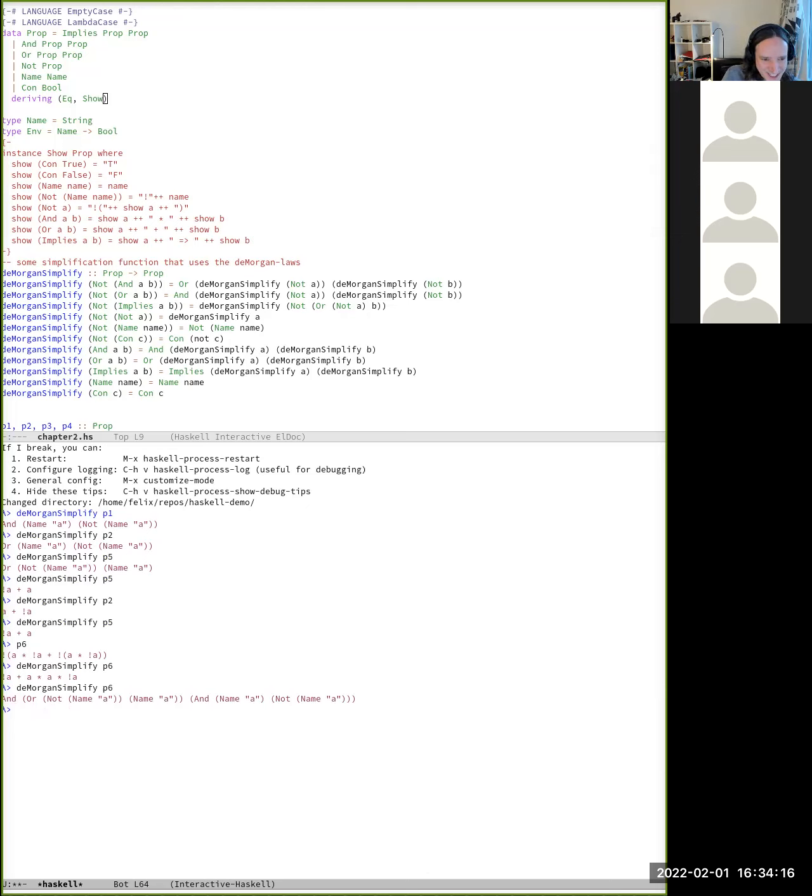And I object to printing this proposition expression like this. There should be parentheses around a, not a, plus a. Yeah. Any questions left? So I guess it was not much testing.